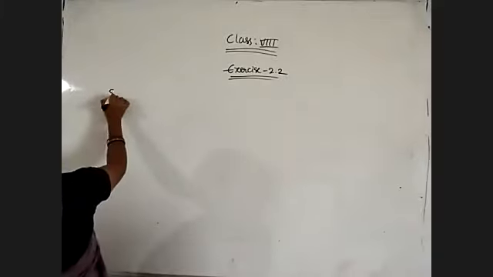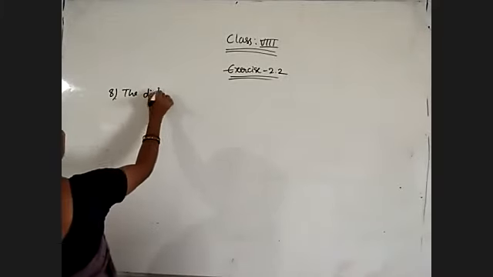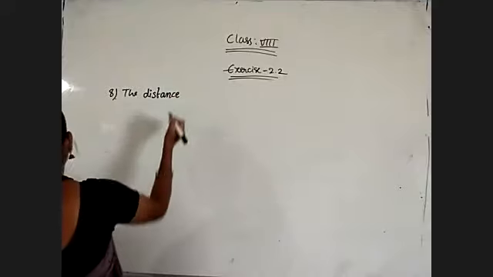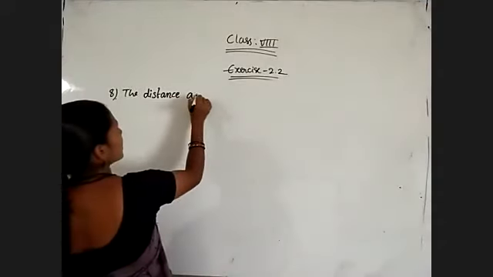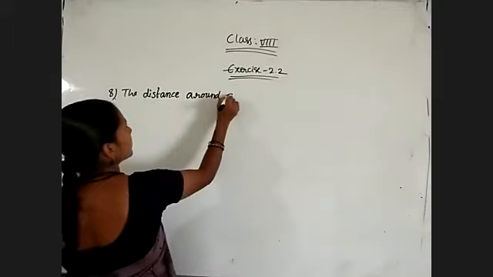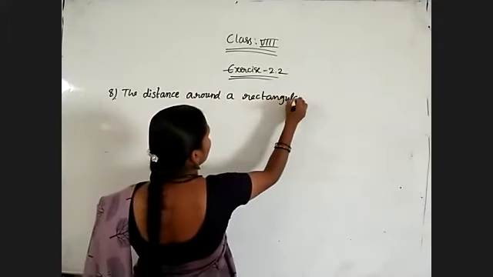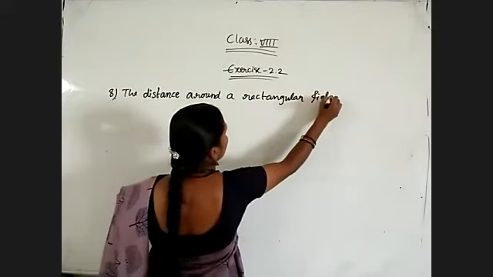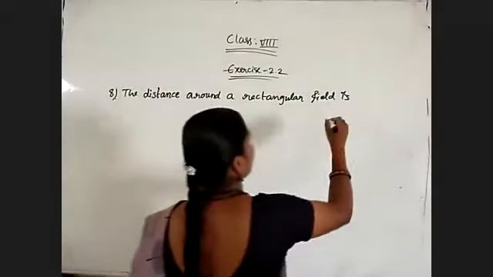Okay, observe the next problem. The distance around a rectangular field is 400 meters.